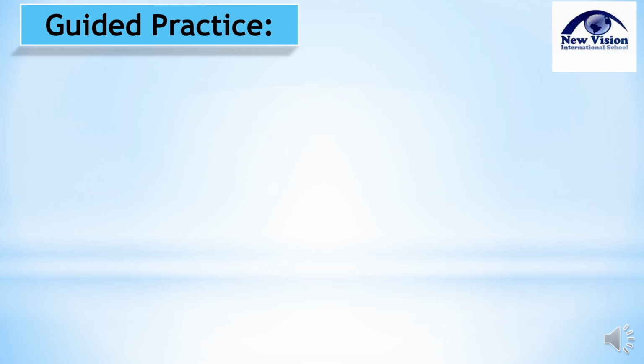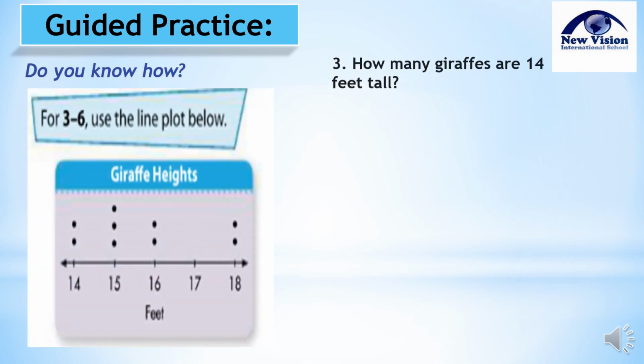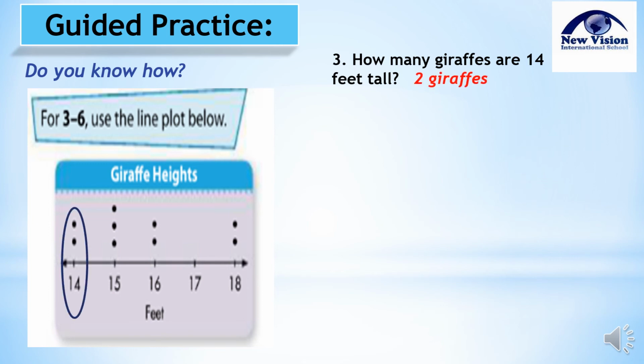Let's continue the guided practice. Question number 3. How many giraffes are 14 feet tall? What is your answer? Look at the table. Correct, it's 2 giraffes because we have 2 dots above 14.